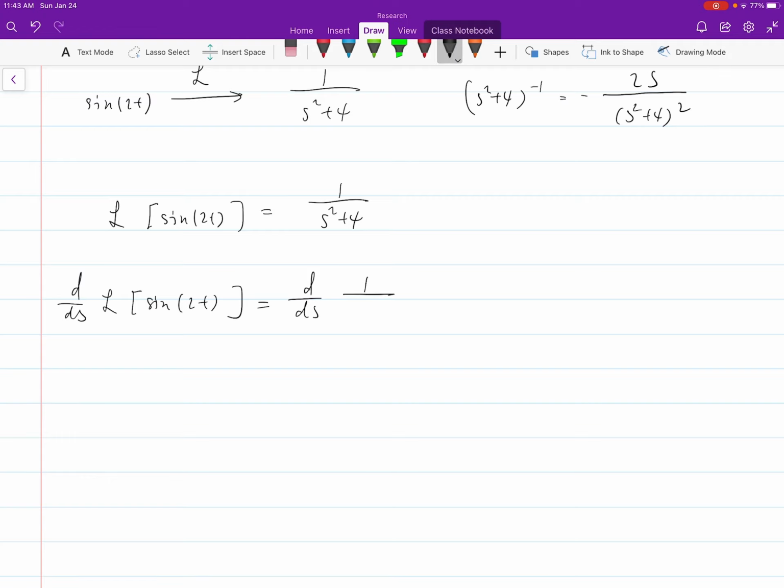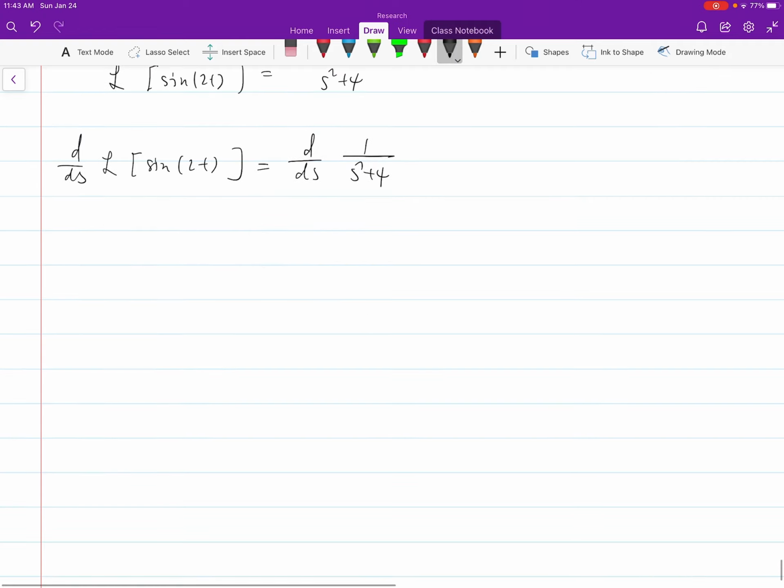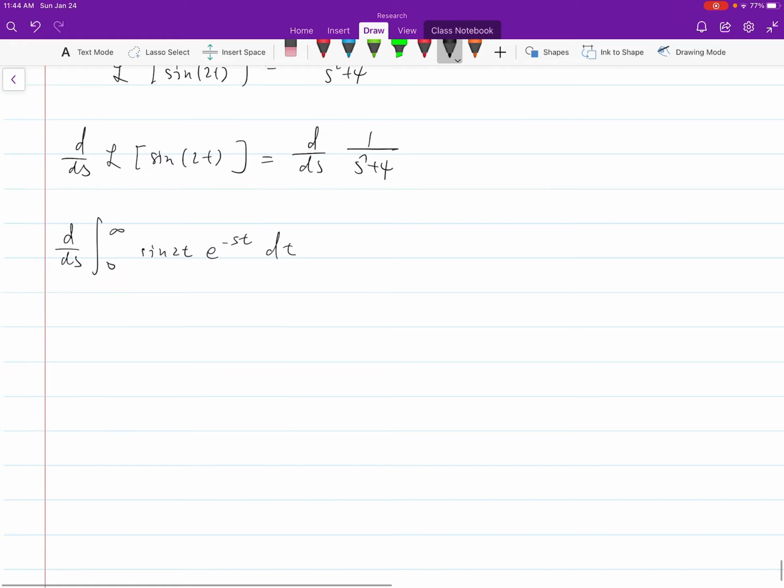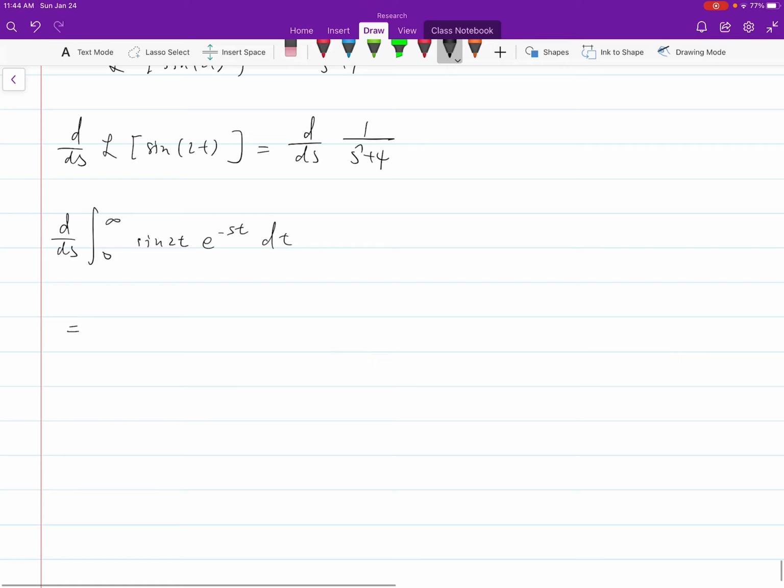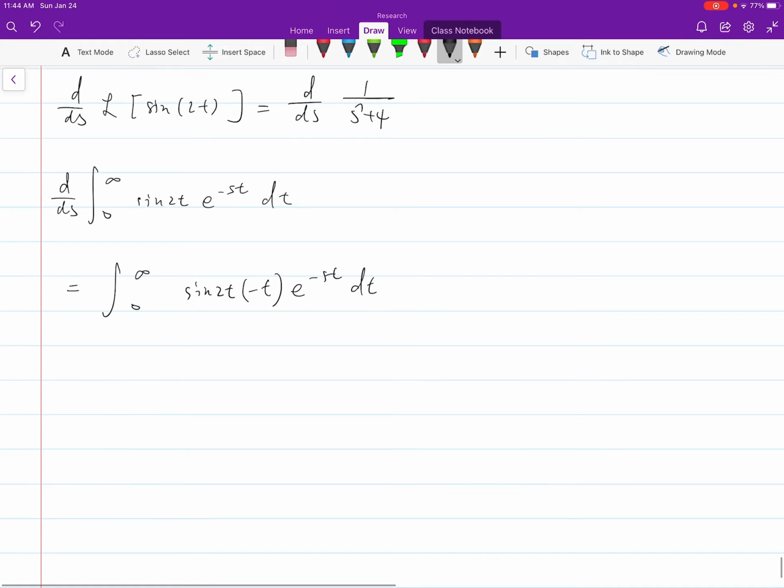But since we're not focusing too hard on that, let's just redo the process. And you can see, every time you take the ds, you're going to have this, and you're going to generate a negative t. That can be merged into negative integral from 0 to infinity of t sine 2t. Then you see, that's the Laplace transform of this one alone.